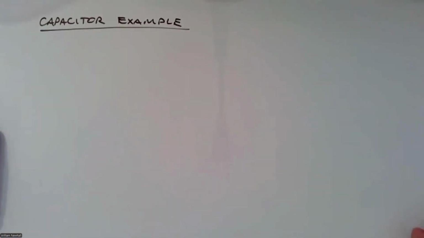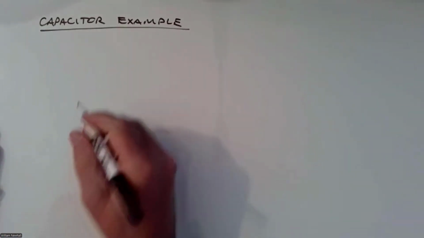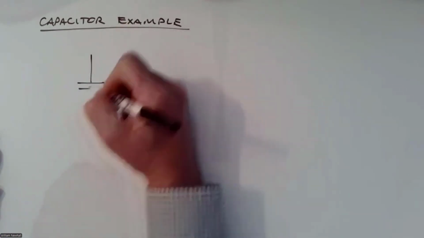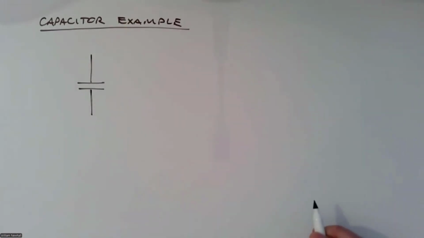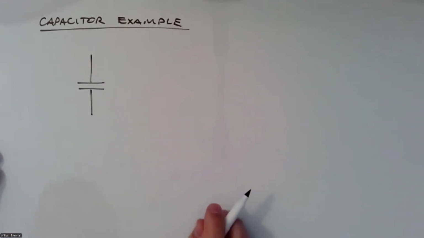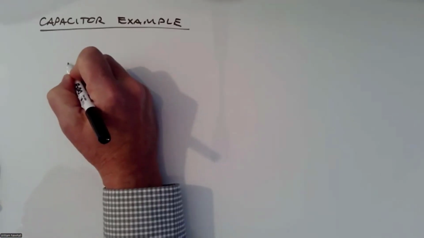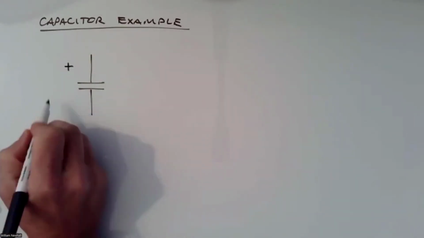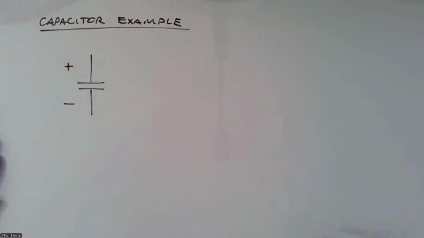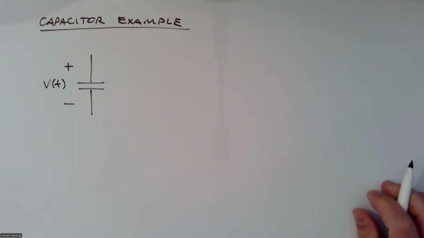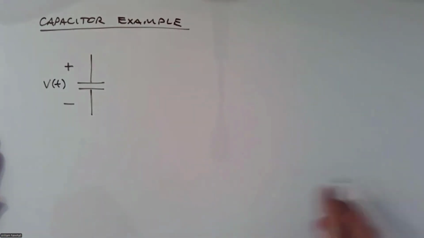Let's suppose that you have a capacitor in lab, and it's on the bench, and you're going to connect a function generator that creates sine waves to this capacitor. So you're going to apply a voltage, V of t. It's an AC voltage.